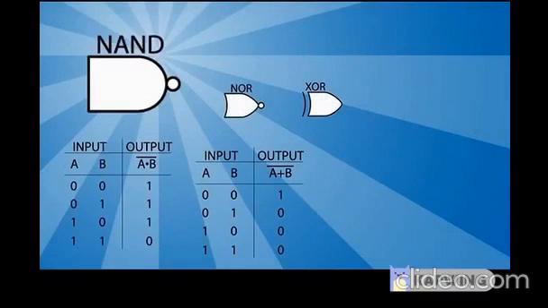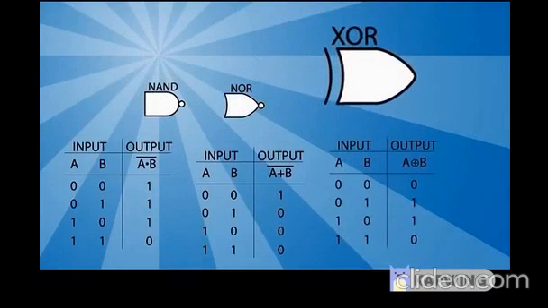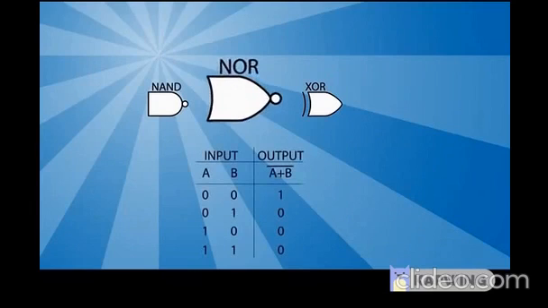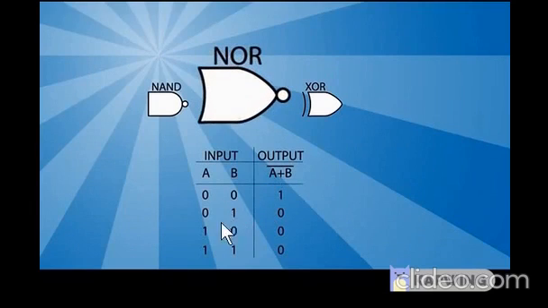Let me show you. Over here, you can see these 3, whenever any of the inputs is high, it becomes 0. And when both the inputs are 0, it is 1. So it is very opposite to that of the OR gate, right?